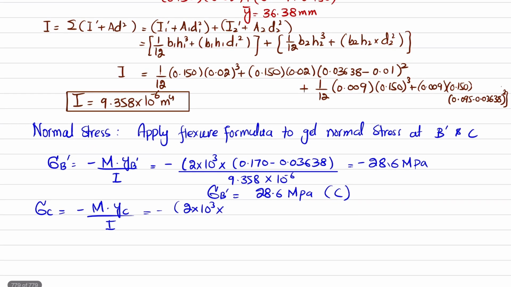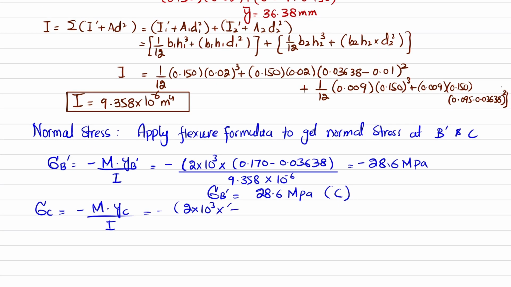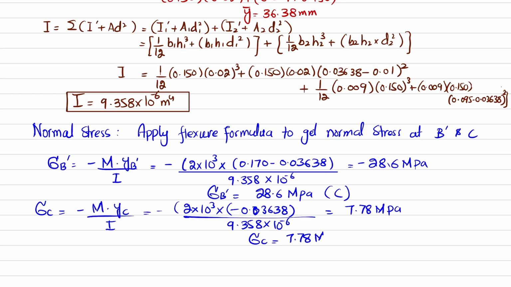So I can write it minus 0.03638 divided by I, and I is 9.358 into 10 to the power minus 6. When you solve this, you will get 7.78 megapascal. Since the stress at point C is positive, it is in tension.